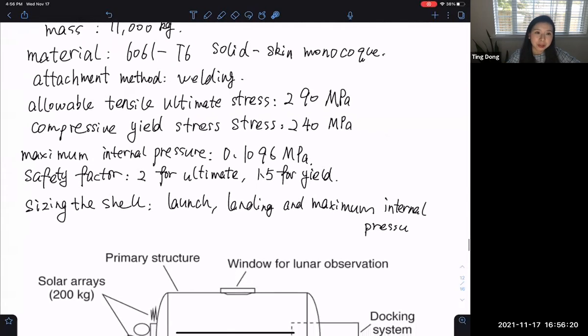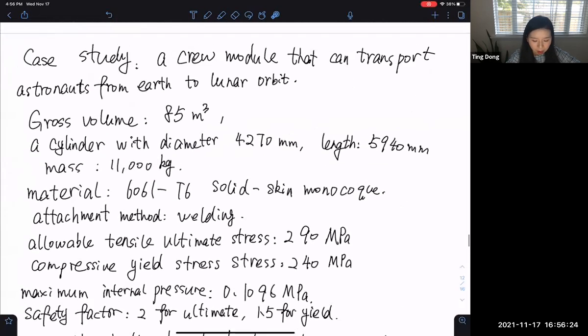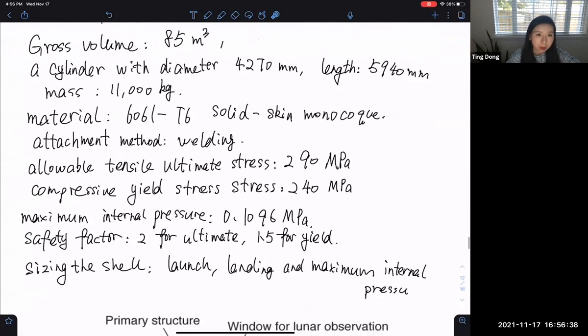The critical situation they consider is that for this case study, they need to bring this crew module back to Earth with the astronauts inside, and the crew module itself should be reusable. So it should land without any structure failure. So they consider 3 situations: launch, landing, and also one situation in space.